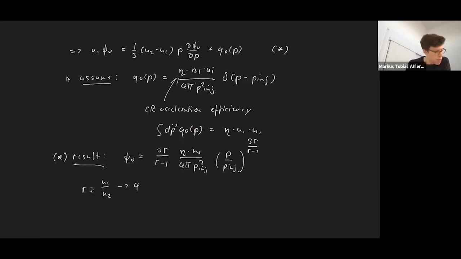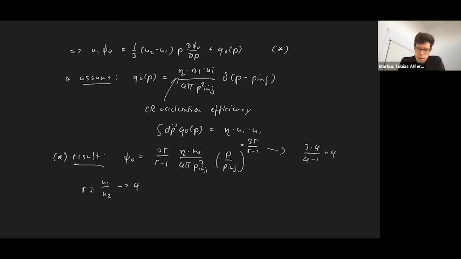There should actually be a minus sign here. Sorry, it's a minus sign. So you see that for r equal 4, the spectral index will be 3 times 4 divided by 4 minus 1. So this is equal to 4.